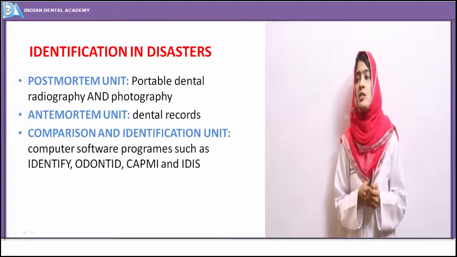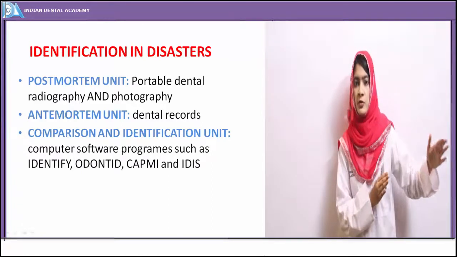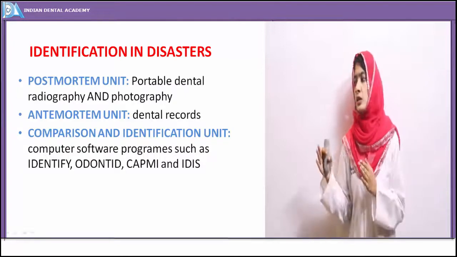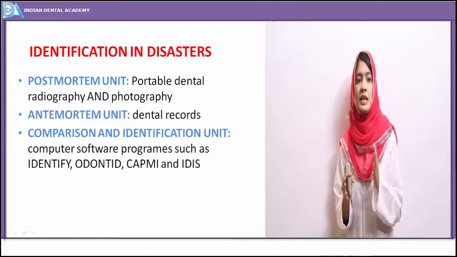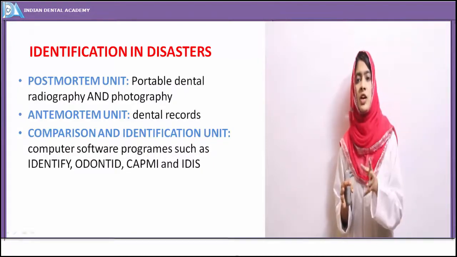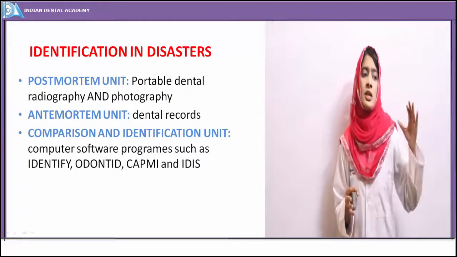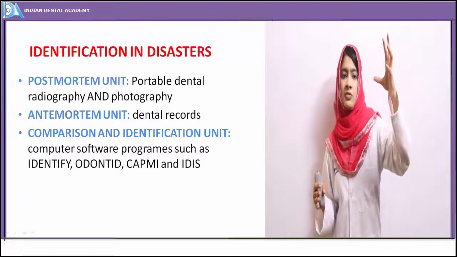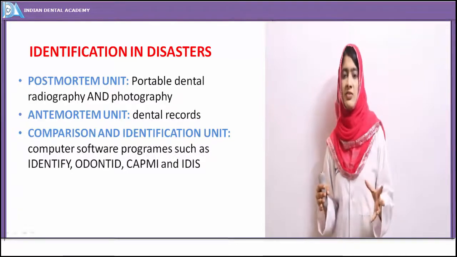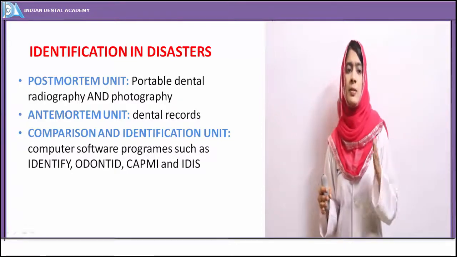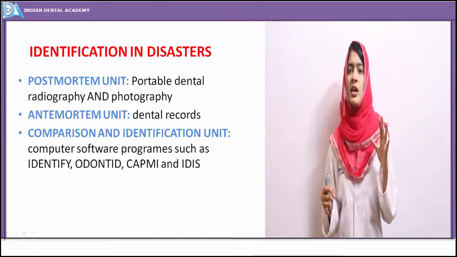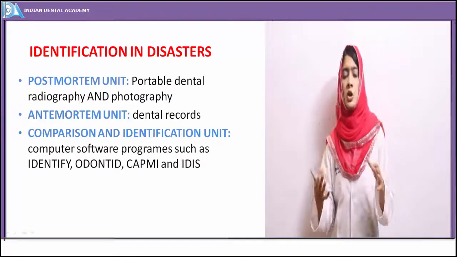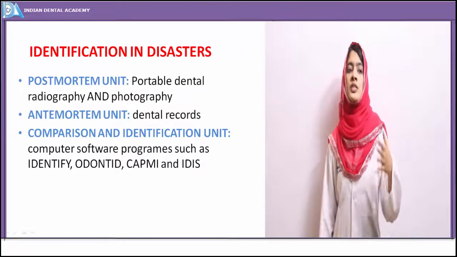Okay, the post-mortem unit performs its function. The function of the antemortem unit is this: suppose the body has been identified by personal or physical identification. The family members of the deceased have identified the body through physical features or through clothes, jewelry or something.